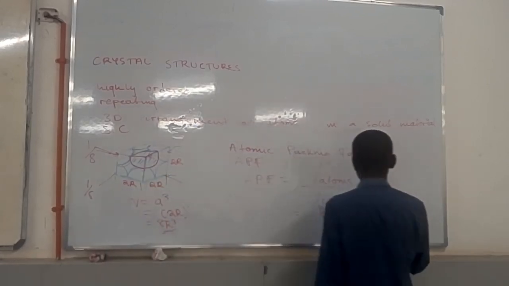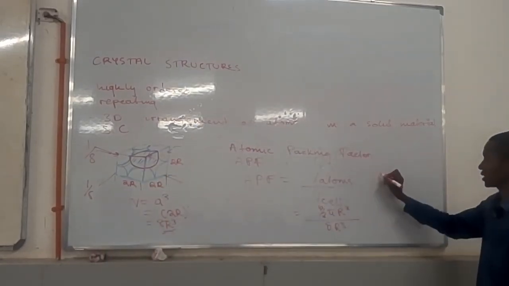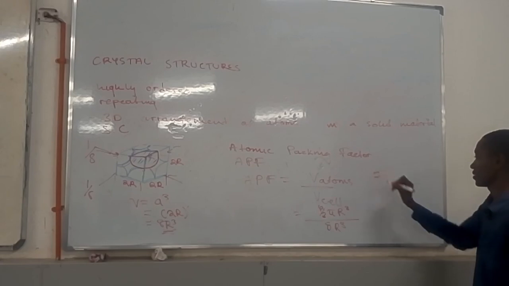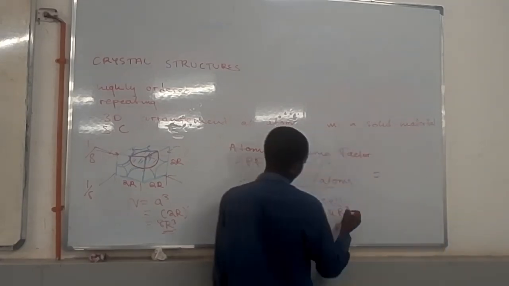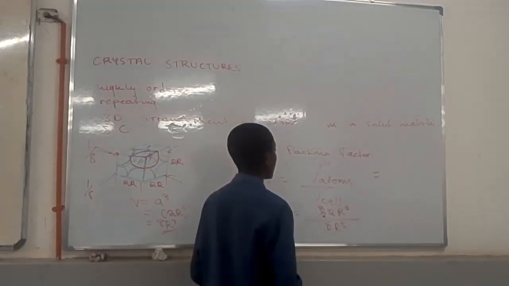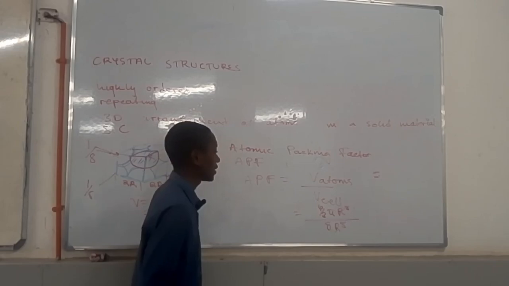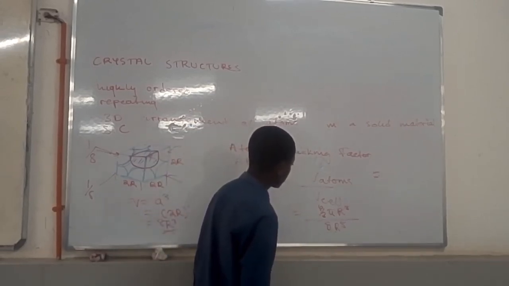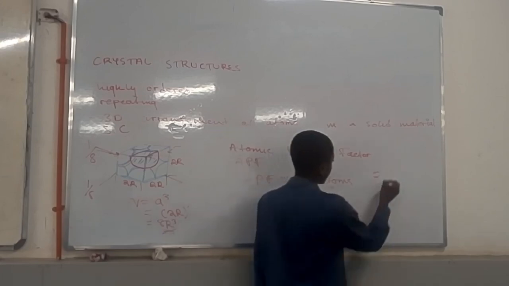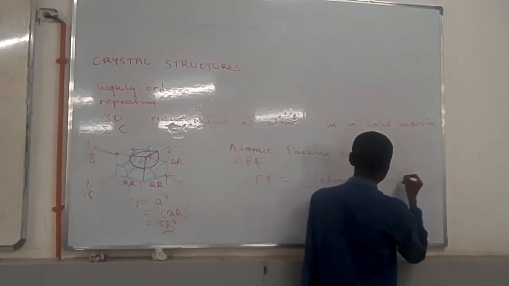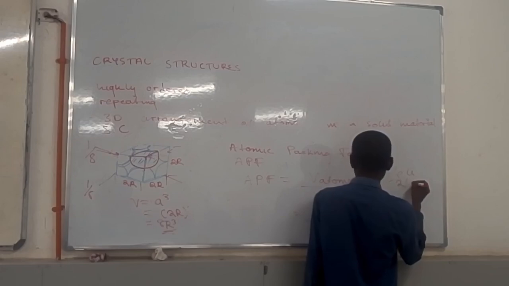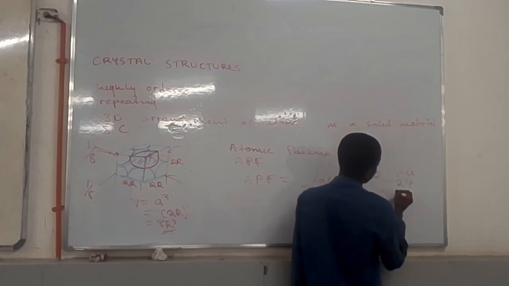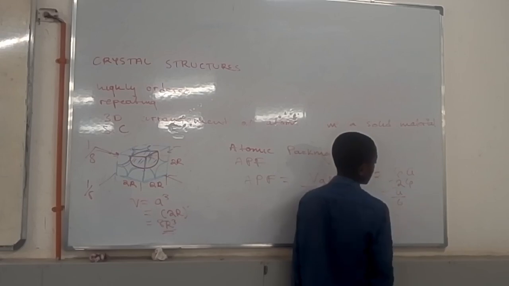So the r to the power 3 and the r to the power 3 would cancel, right? We would remain with 4 pi over 24, which is pi over 6.